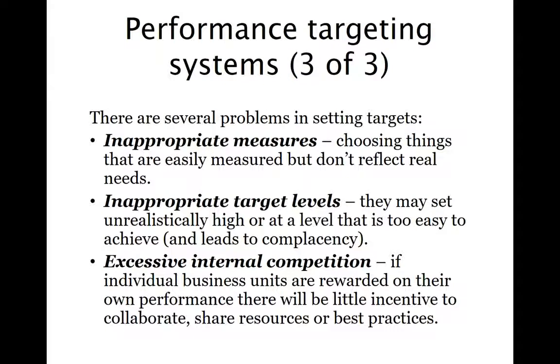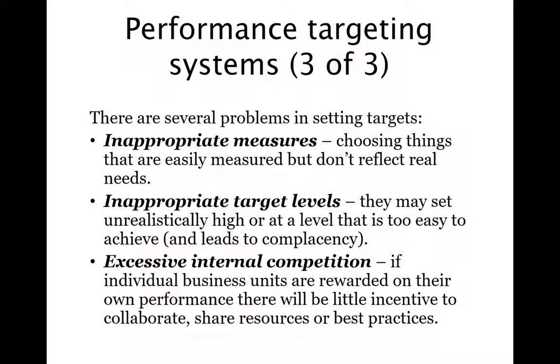Setting performance targets is far from easy. It's easy to end up using inappropriate measures, wrong measures. They steer behavior wrongly. We don't get what we wished for. We get something else, but we get what we measure. Also inappropriate target levels, too high targets or too low targets. It's extremely important when you set targets that those should be reasonable, difficult to achieve, but achievable, so that they motivate.